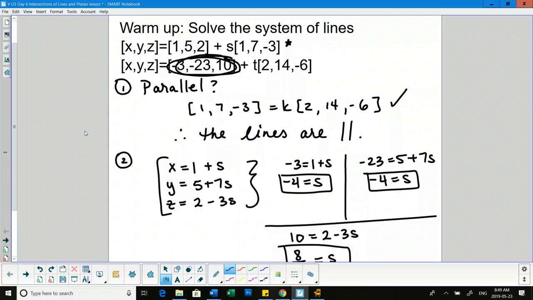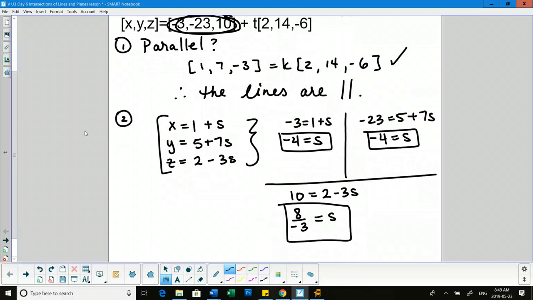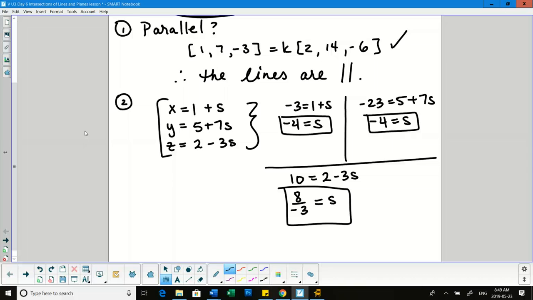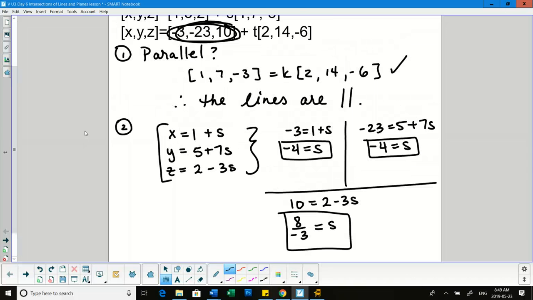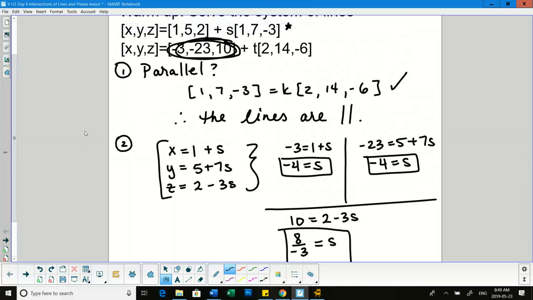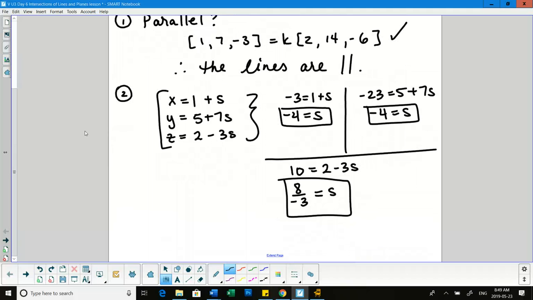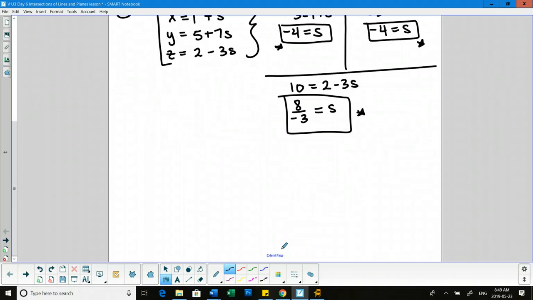No, I think I'm good, right? I think I'm good. Okay, so this actually tells us that, because not all of these s's are the same, our lines are parallel and distinct.